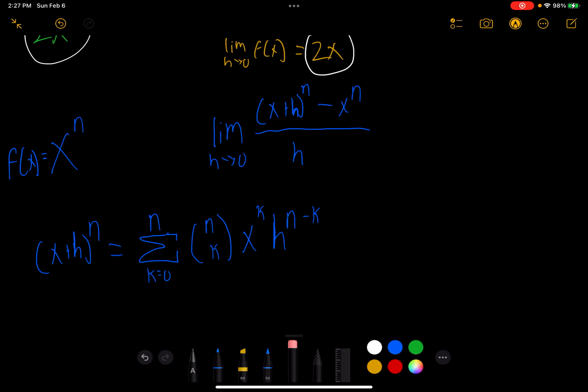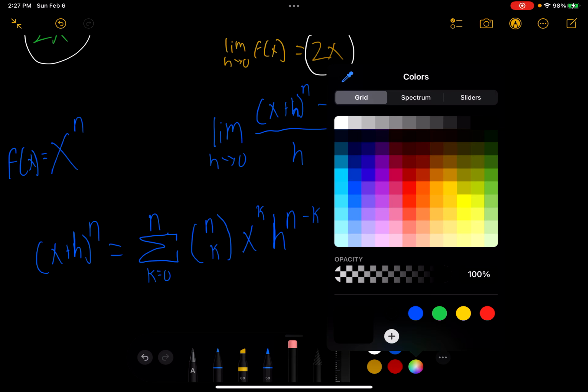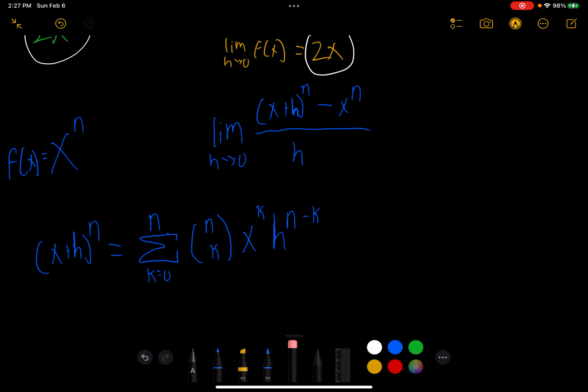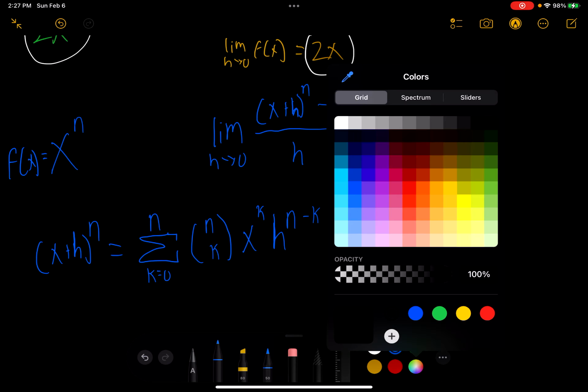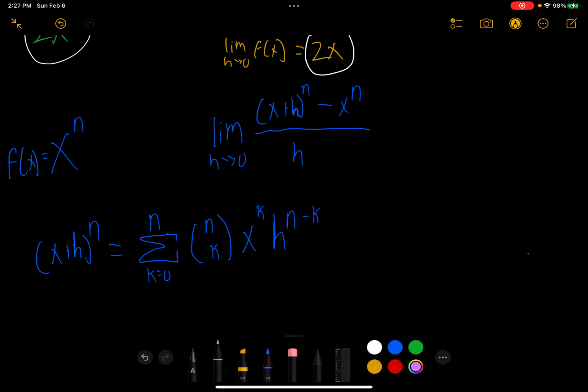Well, first of all, I should probably explain what n choose k really is. Essentially, n choose k is shorthand for our coefficient here. Let's write this in a different color too. What color are we not using? Like purple. Yeah, I like purple. There we go.